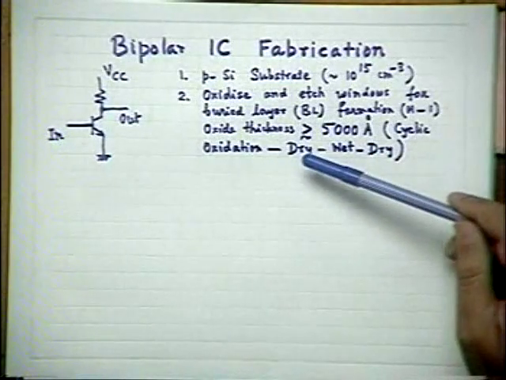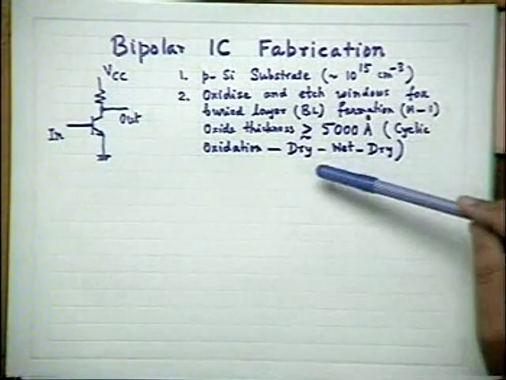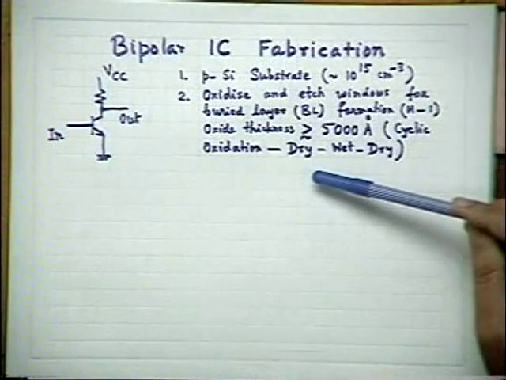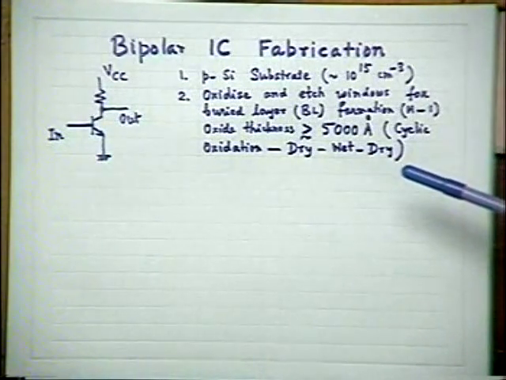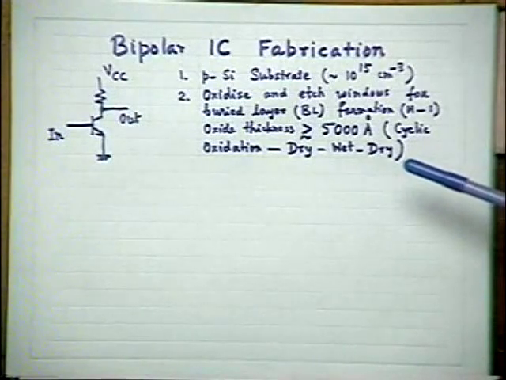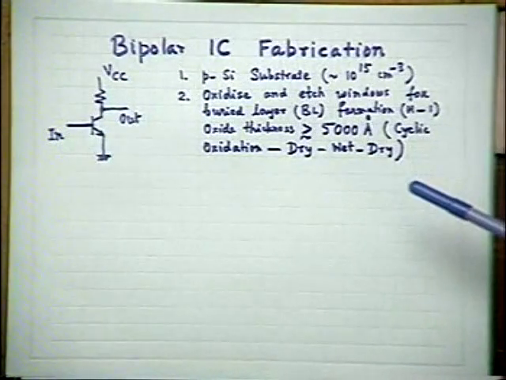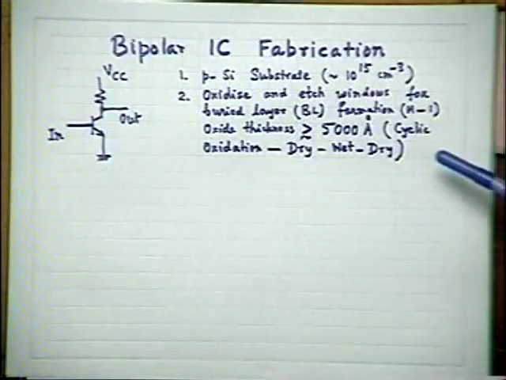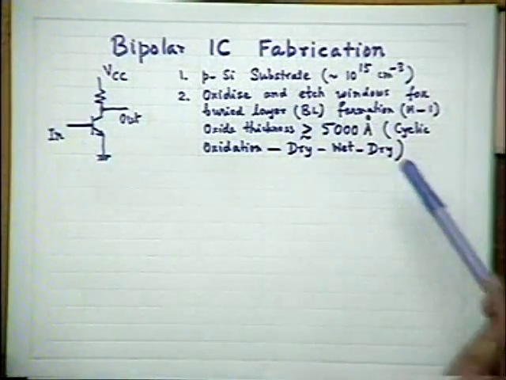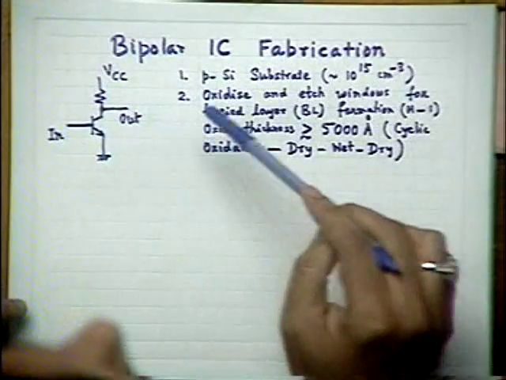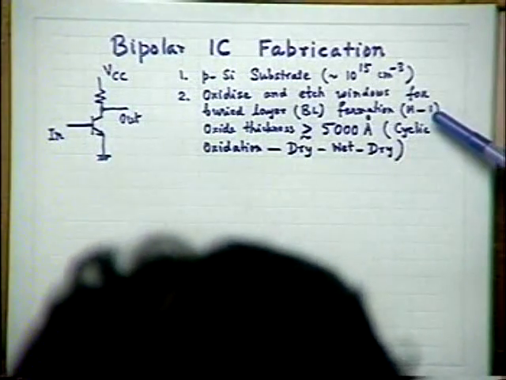So normally we follow dry, wet, dry. Why? Because dry oxidation has a very low oxidation rate. Thickness growth rate is very small, whereas in wet oxidation, the growth rate is about 10 times more. So a combination gives you a very good quality oxide, relatively thick, around 5,000 angstrom or more. Please note the second step involves the first photolithography using mask number 1.